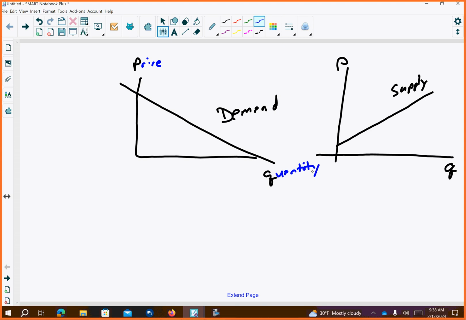Okay, so if the price is 100, we're going to go 100 over, and then we're going to drop straight down. So I think it might be pretty close to, does that look like 700? Am I right on my math? 200, 400, 600, 800.